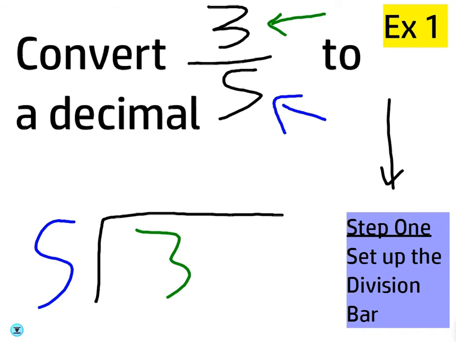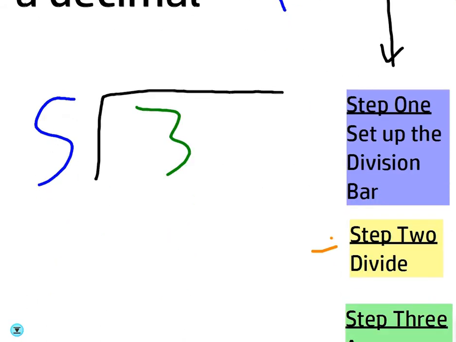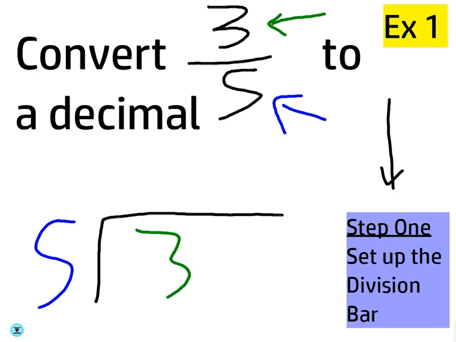For step 2, I'm going to go ahead and divide. So if 5 doesn't go into 3, somebody raise their hand and tell me what to do. Yes? Okay, once you put the 0 there, you then put a decimal here, okay? So again, everybody needs to be copying this down because I know not everybody's going to remember to do this when I give you the worksheet. So now that I've put the decimal down, how many times does 5 go into 30? 6 times.